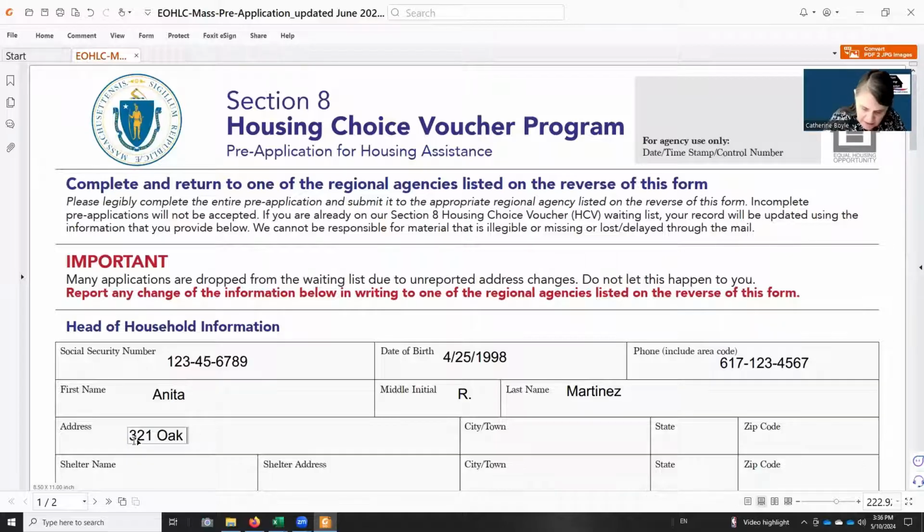So we're going to say 321 Oak Street. And this is in the imaginary community of Anytown, Massachusetts, with a zip code of 01234.